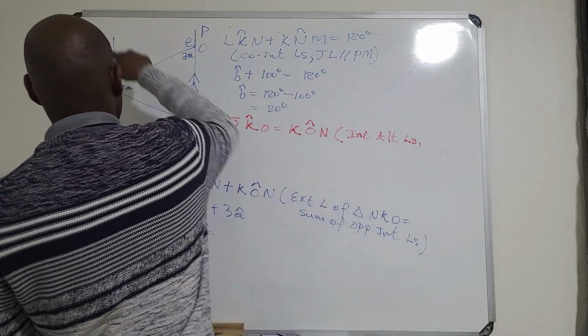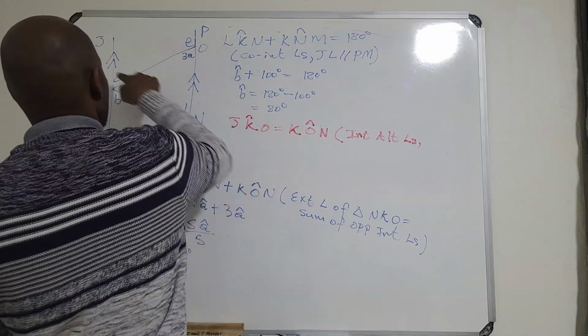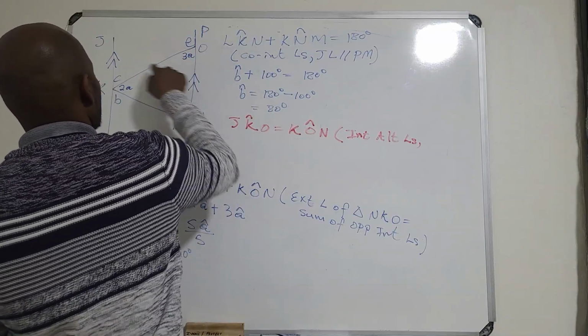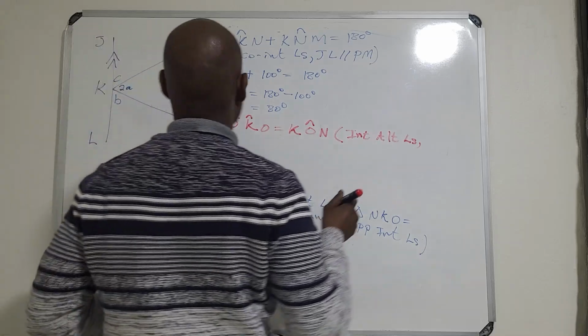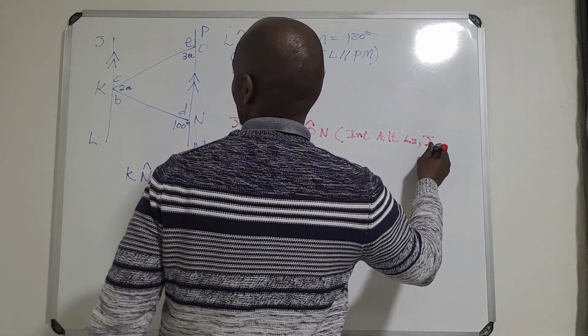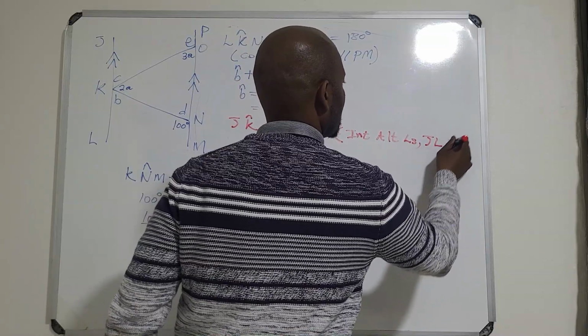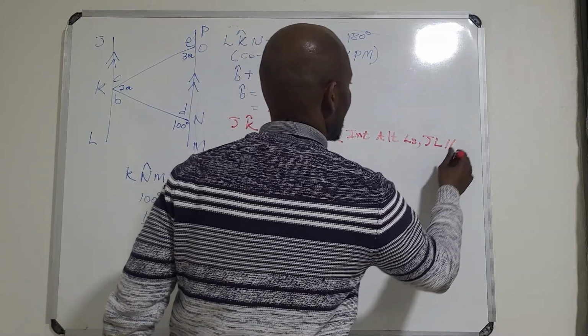Why are they alternating? You can see this angle is equals to that angle in the N shape. They're alternating. Why are they alternating? Because JL is parallel to PN.